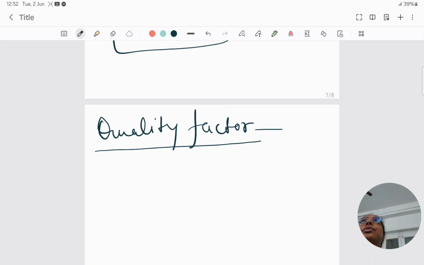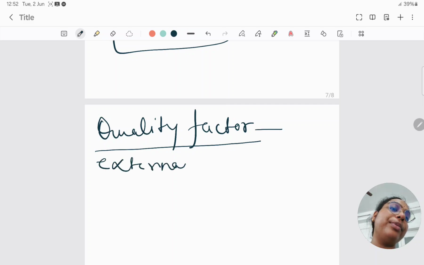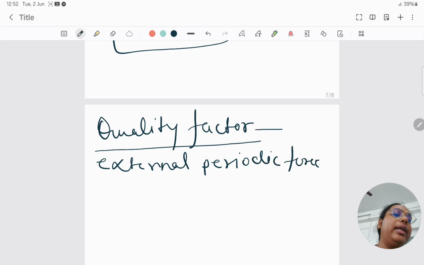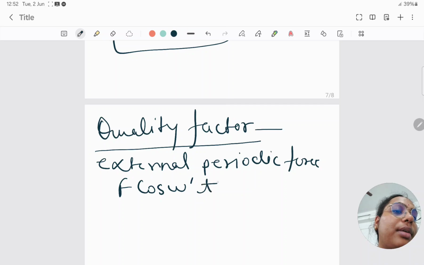Okay, so now if you apply an external periodic force on any oscillating system, let's say this F cos omega dash t you are applying, and you are applying this force for a dt time.